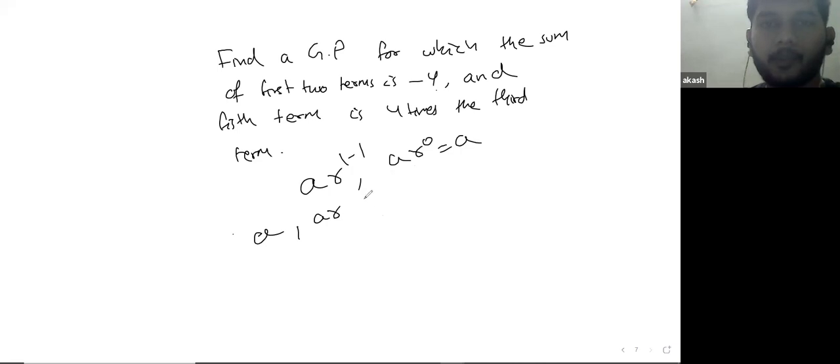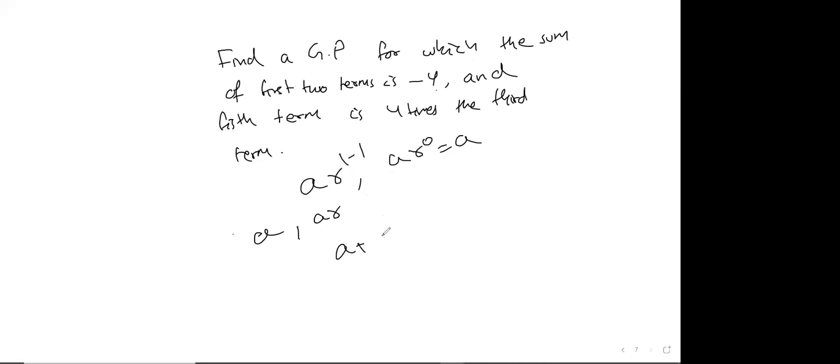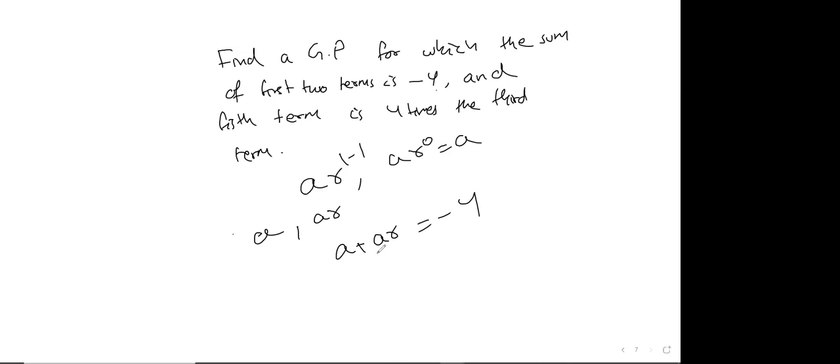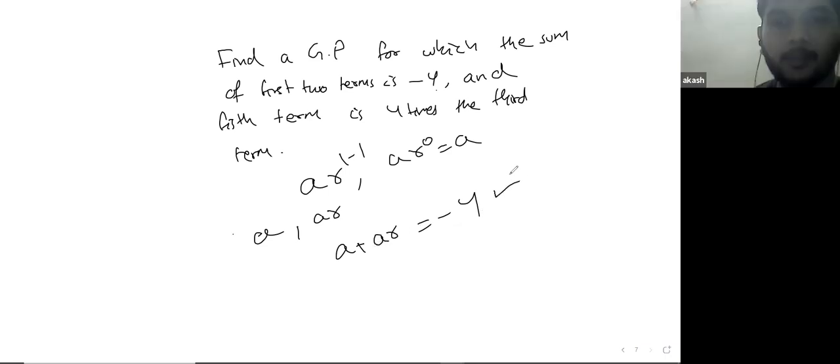Yes, sir. And what is the data in the question? a plus ar equals minus 4, right? And after that, from this we can directly split and everything. Yeah, this is absolutely right. And in the second data, they have said the fifth term.